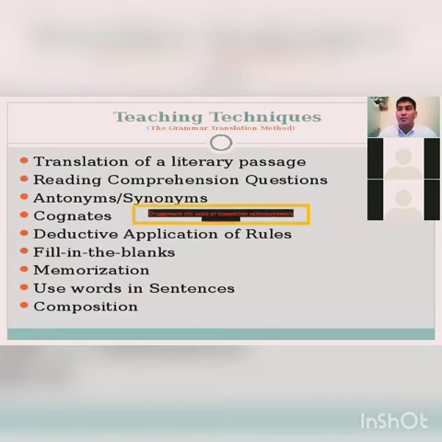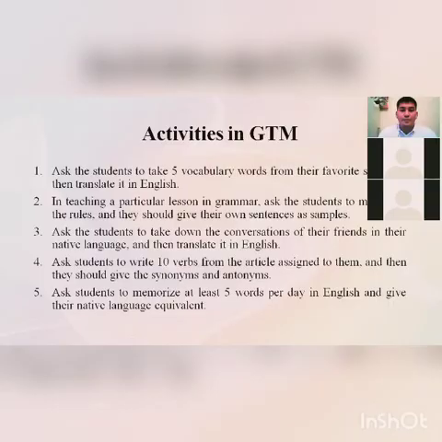For example, you have 10 words and you should make 10 sentences for 10 words. And composition, it's writing, for example, writing a composition about the text or the book which you have read. So what kind of activities do we use in the grammar translation method?